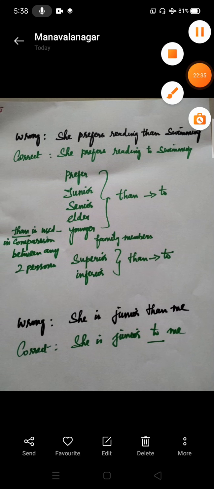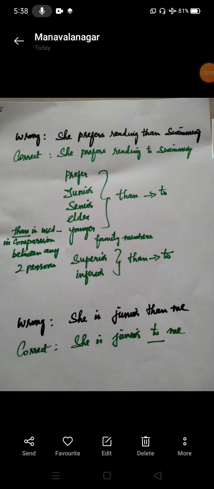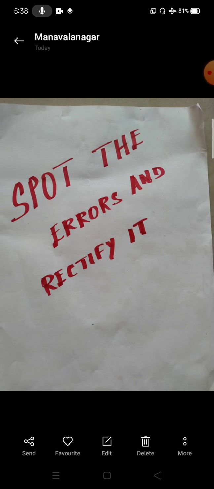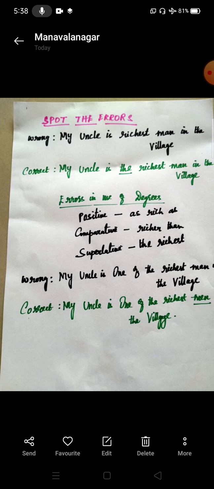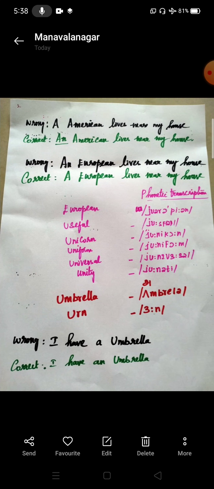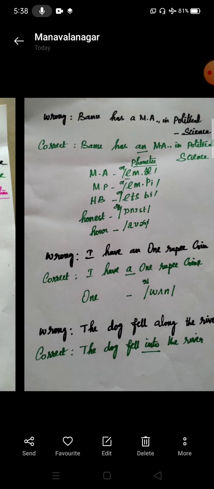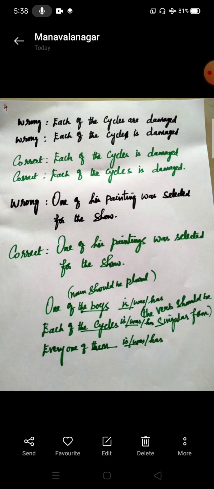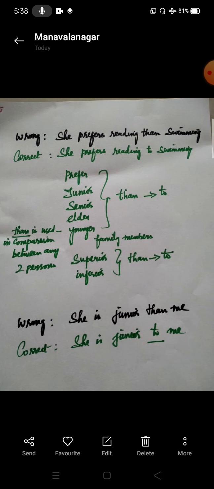Okay, now listen. Up to this we have seen the errors in degrees of comparison, errors in determiners, articles and prepositions, singular plural, and these "prefers" like that.